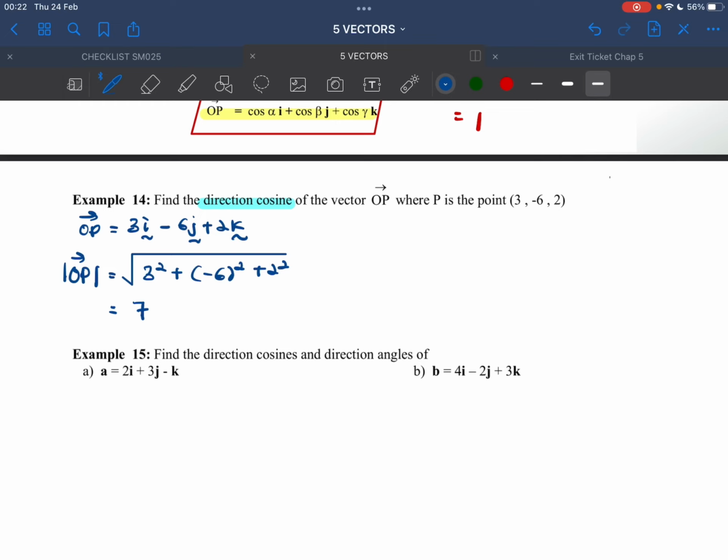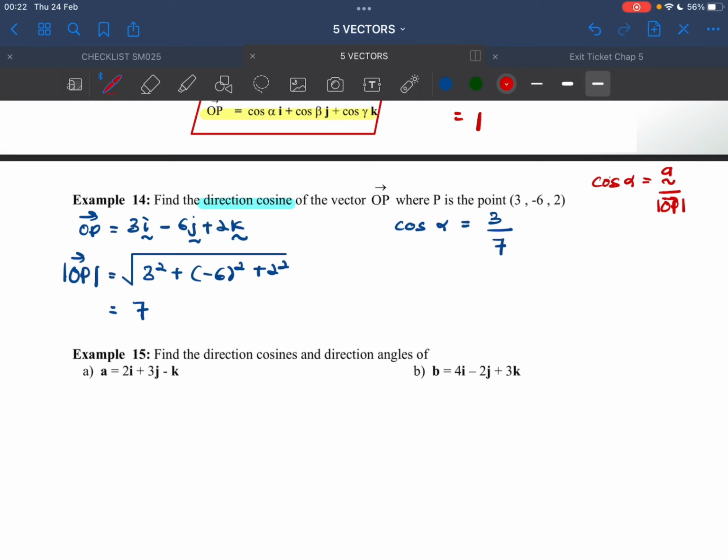You have 7 there. So how to write your final answer for direction cosine? We just leave our answer as cos alpha, which represents this part here, equals the vector component, which is 3, over the magnitude, which is 7. Remember the formula: cos alpha equals the vector component over the magnitude.